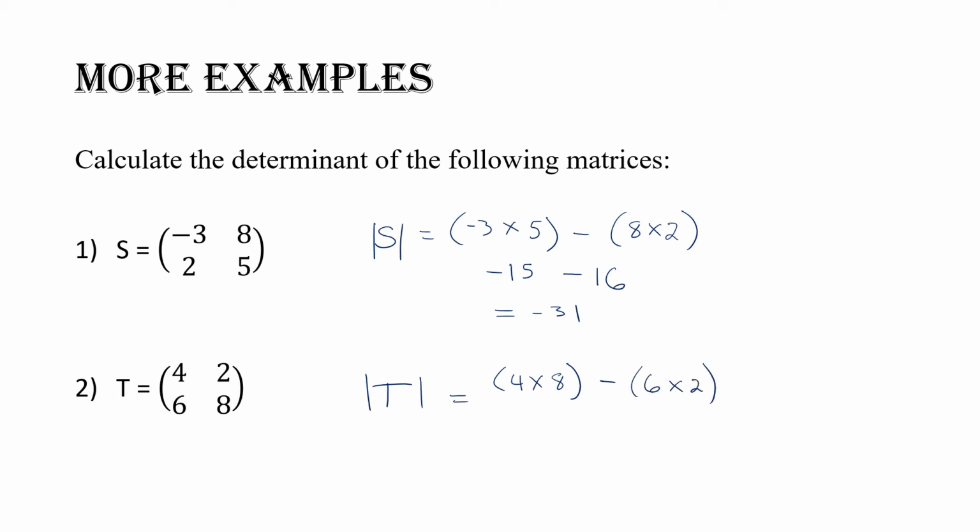The product of the leading diagonal minus the product of the minor diagonal. 8 fours give us 32, minus 6 twos, which gives us 12. So the determinant of matrix T here would be 20.